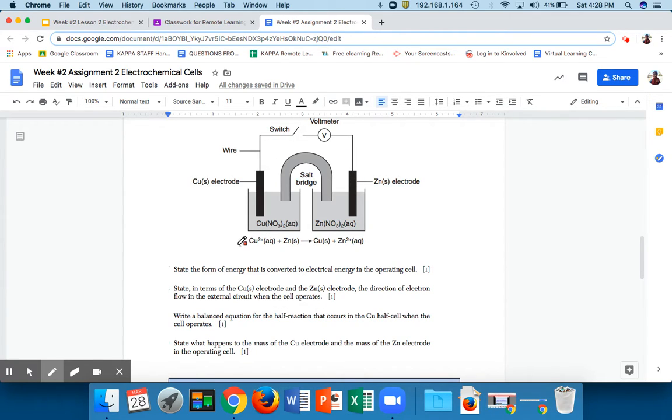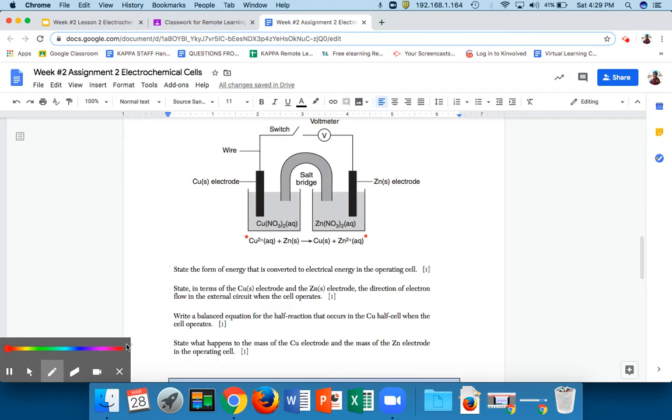I encourage you guys to look at this equation here, and you want to pick out what's being oxidized, what's losing electrons, what's being reduced, what is gaining electrons. Once you can identify what's being oxidized or losing electrons, you should know which one of these will be giving the electrons to the other and which direction the electrons will be flowing. So you have to dissect this equation down here.